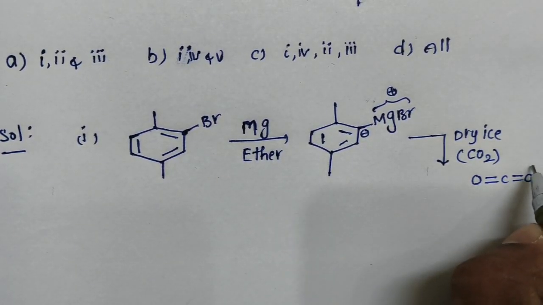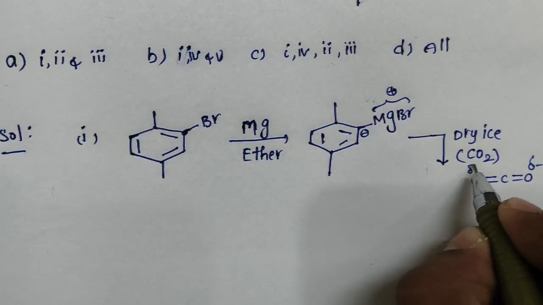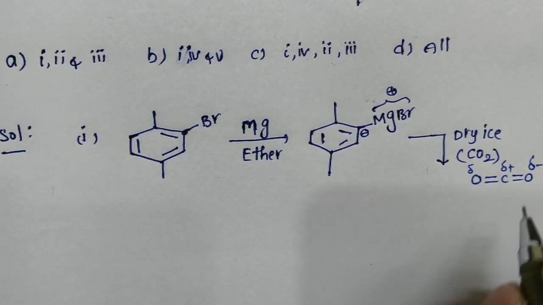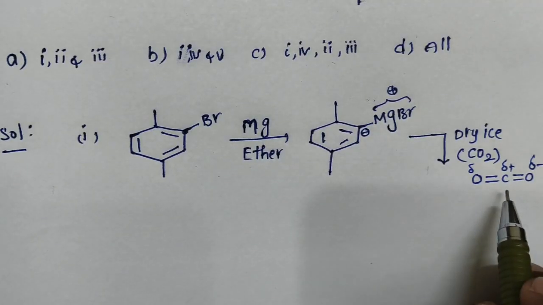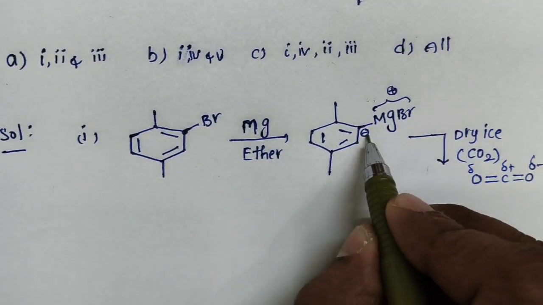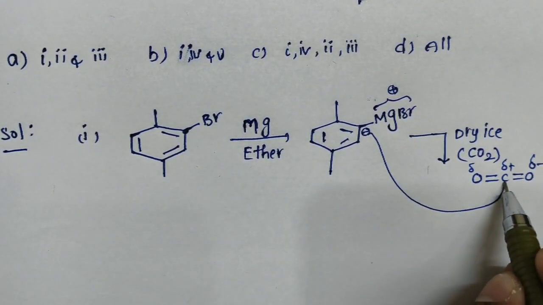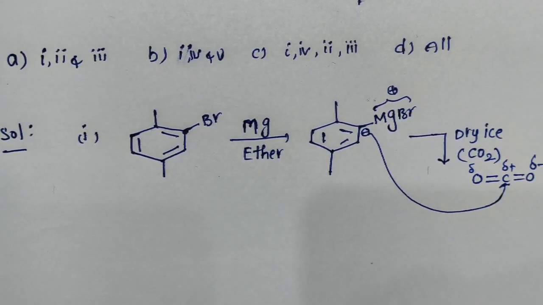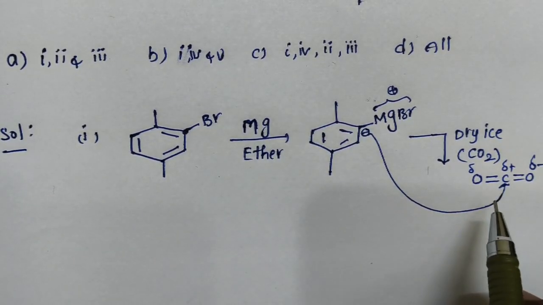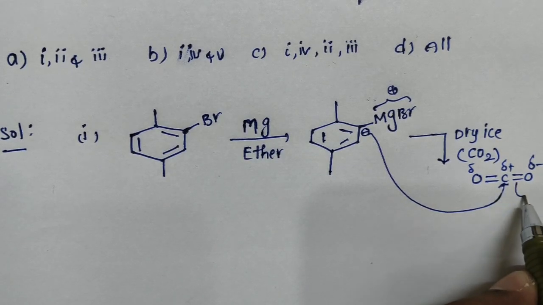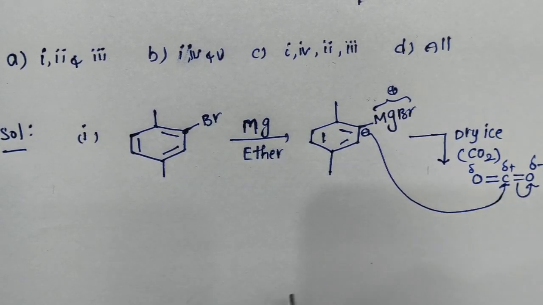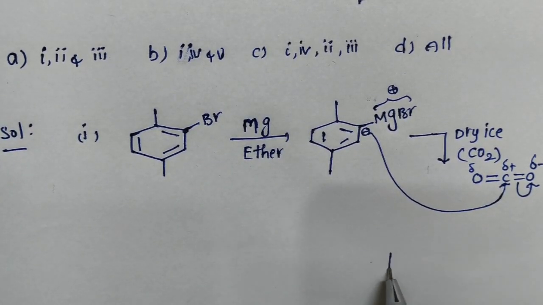Because of the electronegativity of oxygen, oxygen gets partially negative and carbon gets partially positive, so that carbon has an electron deficiency. So the nucleophile attacks the carbonyl carbon, the electrophilic center of carbon dioxide. Immediately the electron density increases, and the pi bonded electrons move towards the adjacent oxygen atom. So finally we can write the rearranged product.